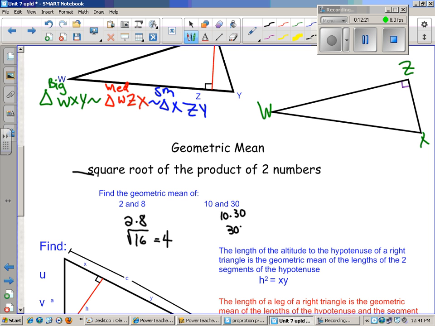Take the square root. Now, do you guys remember how to simplify square roots? Because a simplified square root doesn't have any perfect squares underneath. So I break this down into 3 times 100, and I can break 100 down into 10 and 10. Do you remember? If it has a partner, it gets to go outside the house, and if it's all by itself, it has to stay in the basement alone and play Nintendo.